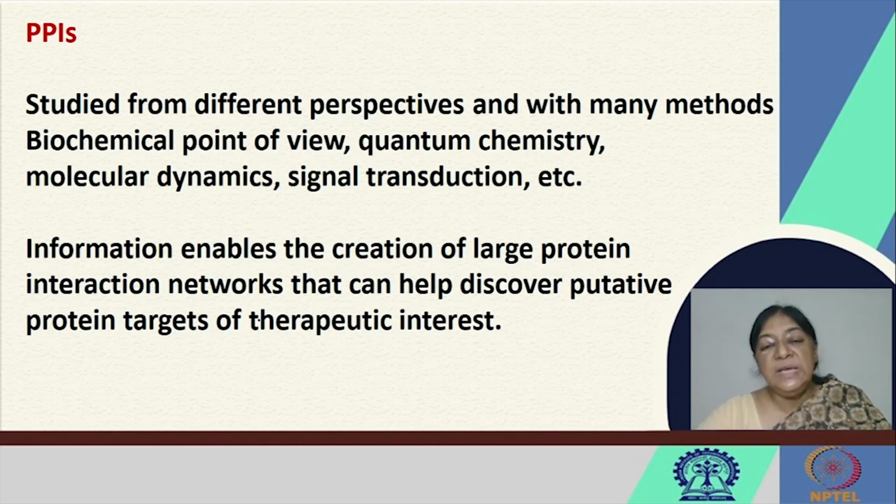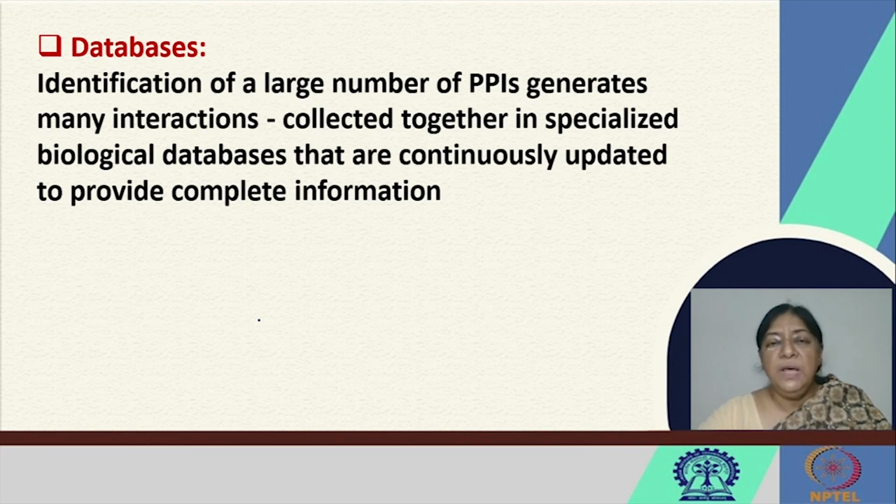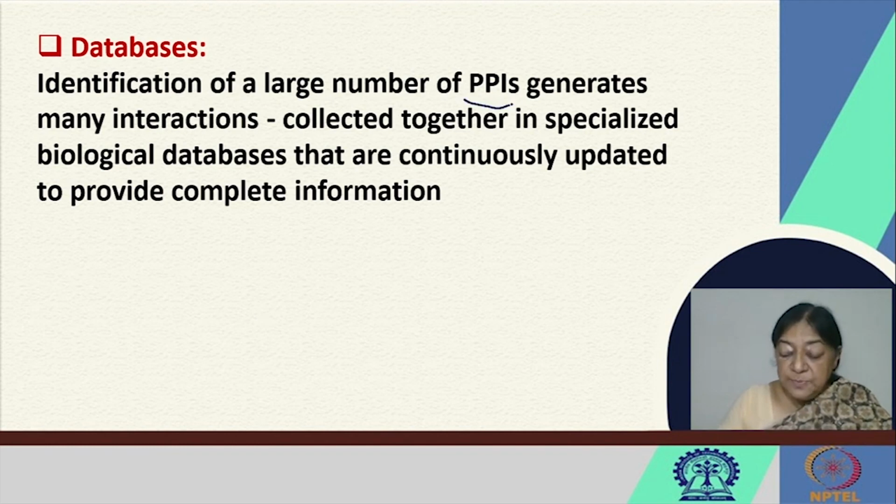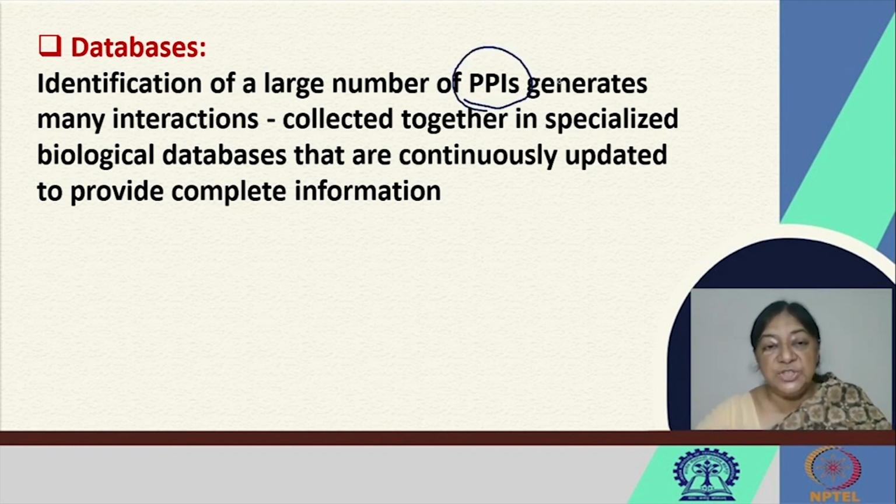that can actually help discover other putative protein targets that may be of therapeutic interest. This is done by looking at specific databases. These databases are generated from the information of specific protein-protein interactions that are collated and collected from biological databases that are continuously updated to provide complete information.